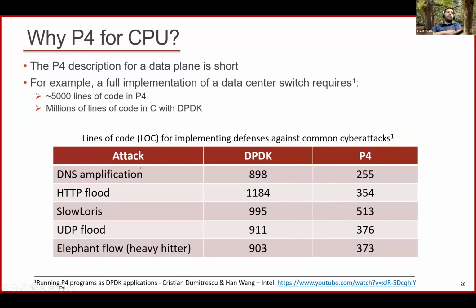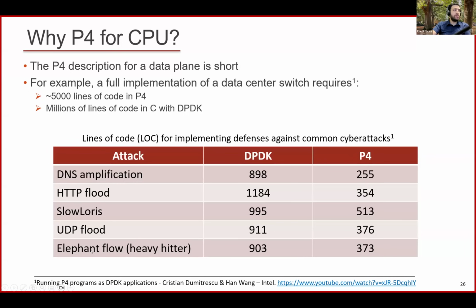Another reason is that the description of a P4 data plane is short, right? So there is a well-known program called switch.p4, which is a P4 program that contains all the functions of a typical data center switch. It has around 5,000 lines of code in P4. That same program, if you want to write it in C with DPDK, it has millions of lines of code.